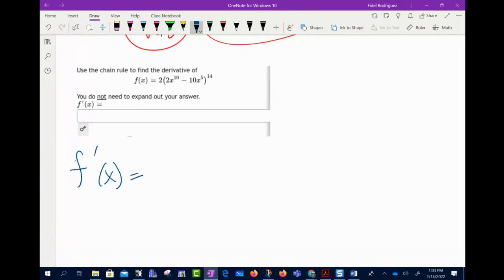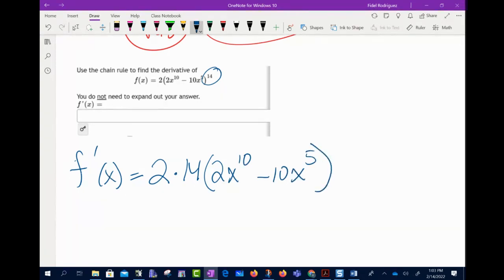Okay, so first we're going to find our derivative. Everybody agree I'm going to leave that 2 that's in front of the expression alone? Okay, what are we going to do with the 14? Bring it to the front. So we got that 2 with the 14, and then we're going to leave everything inside alone, but we're going to subtract our power outside by 1.